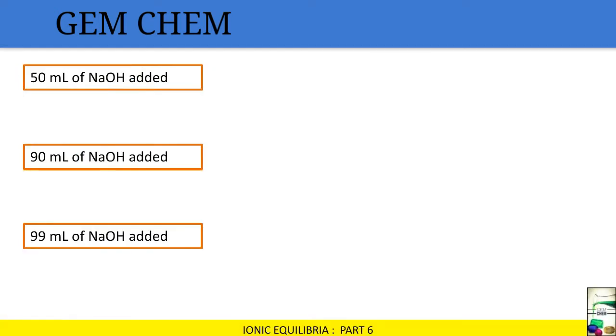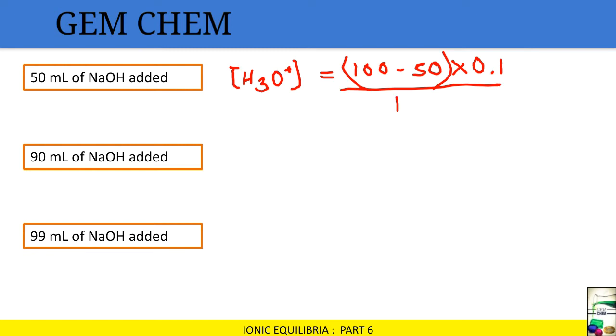Now we will see for 50 ml. Same case: 50 ml of NaOH has reacted with 50 ml of HCl. So we are left with 100 minus 50 of HCl in the solution, into 0.1 by the total volume, which is 150.